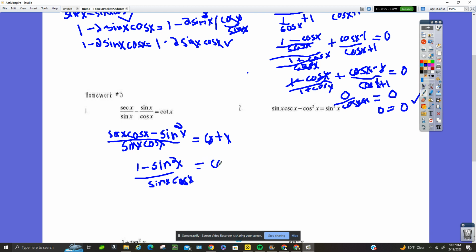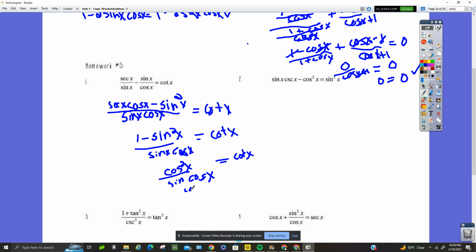I apologize for writing with the mouse here. I don't have my tablet with me right now, so if I wrote with a tablet, it would be a little bit better than writing with a mouse here. So one of these cosines is going to cancel with that one.